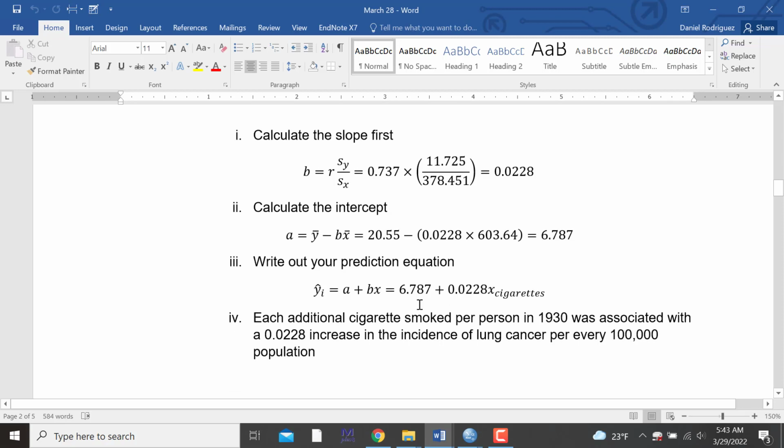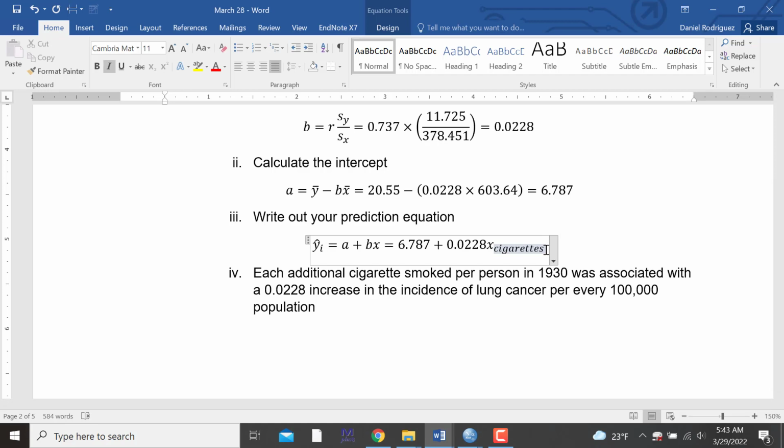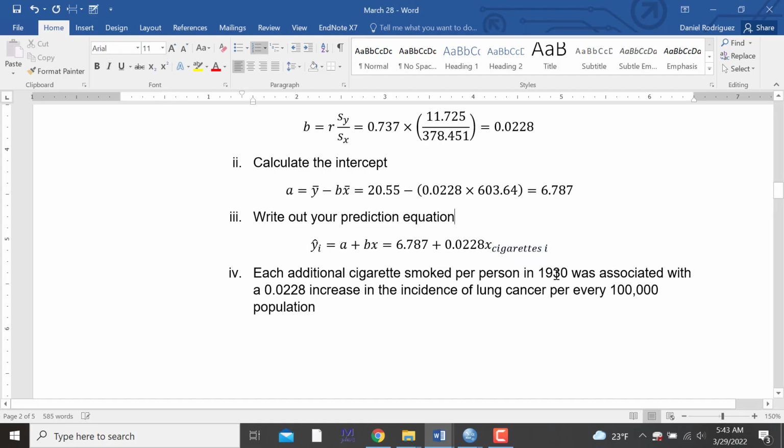So then we write our regression equation out, and so you have to be able to do this. Let me repeat that, you have to be able to do this. So it's 6.787 plus 0.0228 times cigarettes, put a little I here, cigarettes I. There you go.